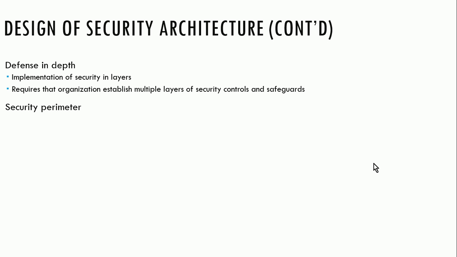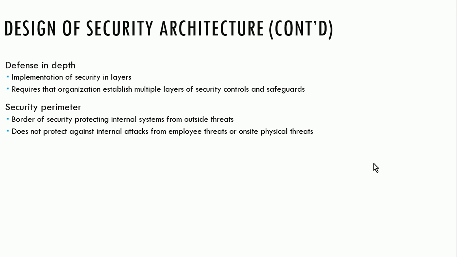There's also perimeter security, which is how to protect the border, or the security of protecting internal systems from outside threats. The problem with security perimeter is it sort of ignores inside threats, which, as we talk about in this class, is very important. I always think of perimeter security architectures as great.